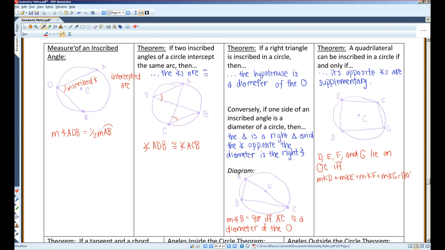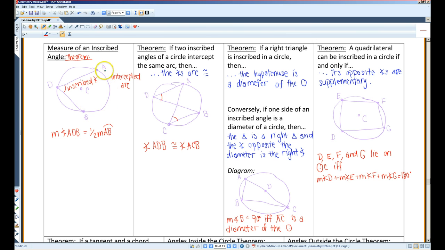There is a theorem called the measure of an inscribed angle. The measure of an inscribed angle is 1/2 the measure of the intercepted arc. So for example, let's say this arc was 100 degrees.